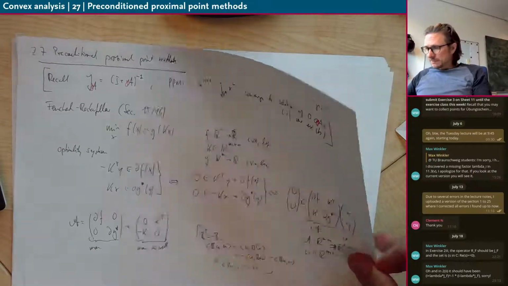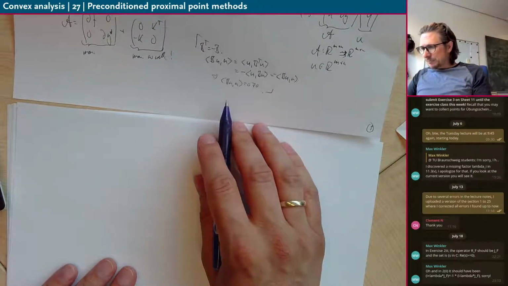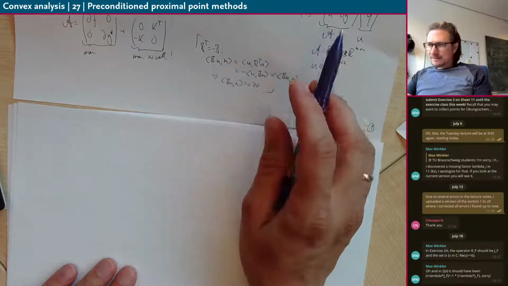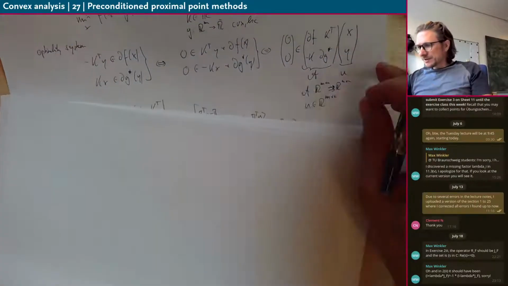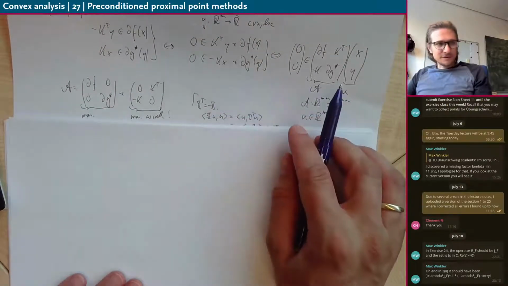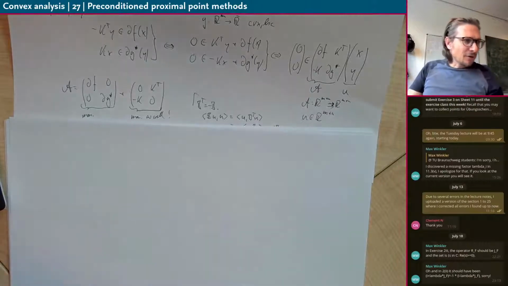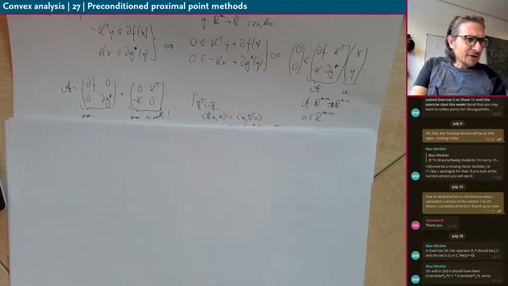But here comes the big if. The big point is that there's a simple way of doing preconditioning to this inclusion. Did we talk about this general idea of preconditioning? Yes, we did at the end of the previous lecture.